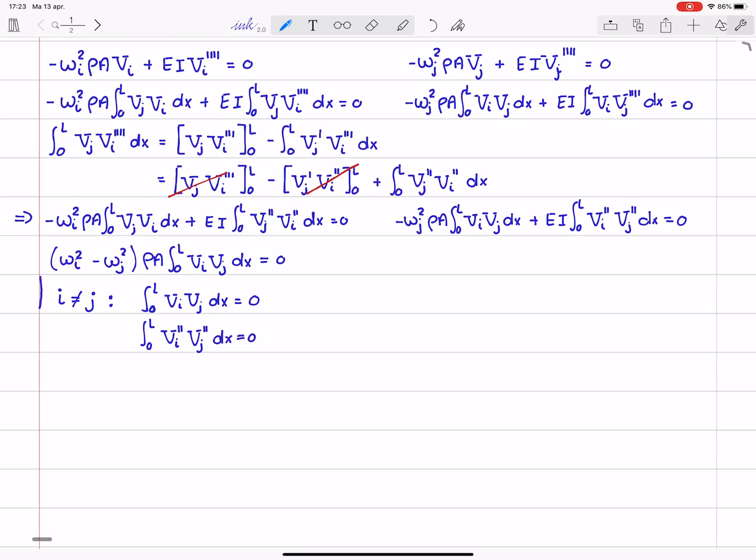Now these are two very important relations, called the orthogonality conditions. Let me first write down the orthogonality conditions.